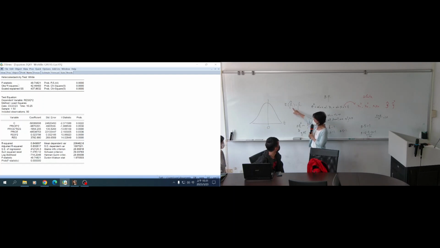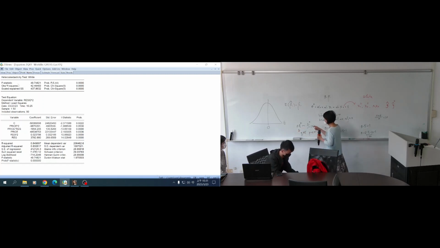Therefore, we have different beta 1 hat. But if you have many samples and you estimate beta 1 hat every time, then you have as many beta 1 hats. Then the expected value of that will be equal to the population's beta 1. So your sample, this is the population.